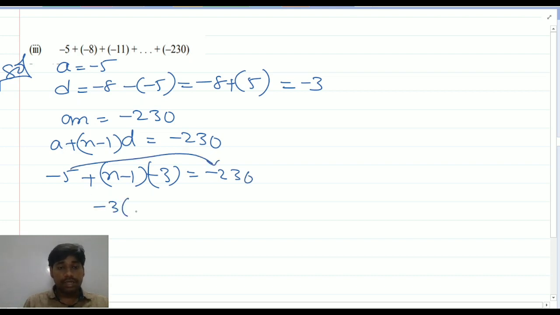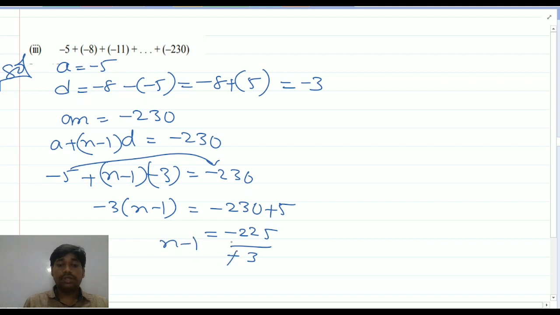So minus 3 (n minus 1) is equal to minus 230 plus 5, which is minus 225. Minus 225 upon minus 3 is n minus 1. The minuses cancel. 3 sevens are 21, 3 fives are 15. So n minus 1 is 75.